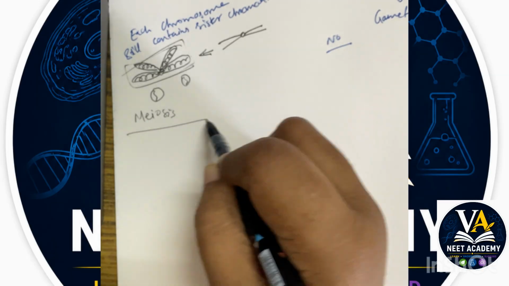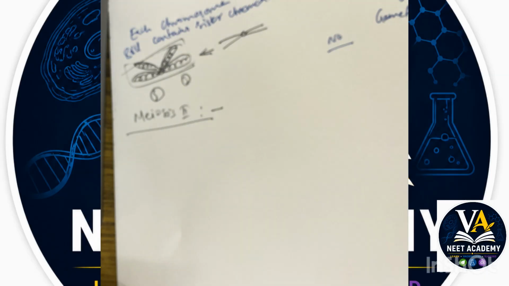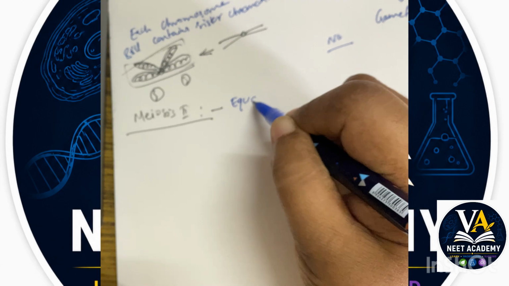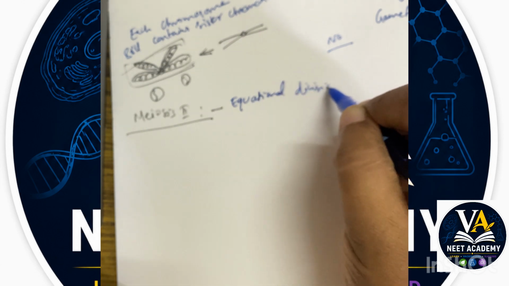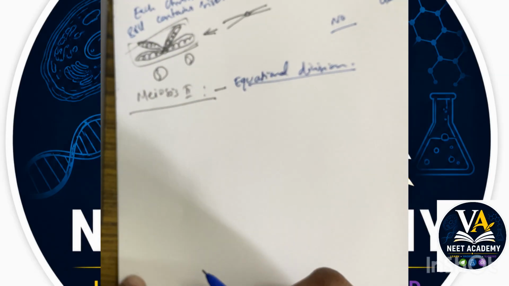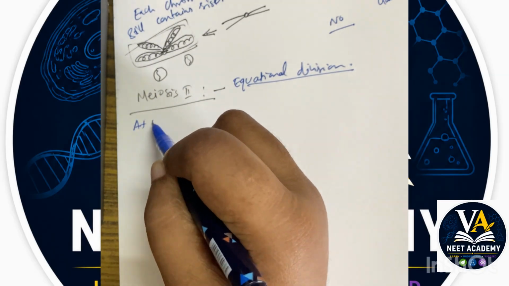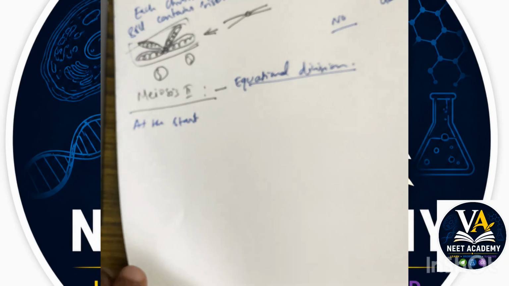So meiosis II is definitely required. Meiosis II is also called equational division. Why? Because what is going to undergo meiosis II?